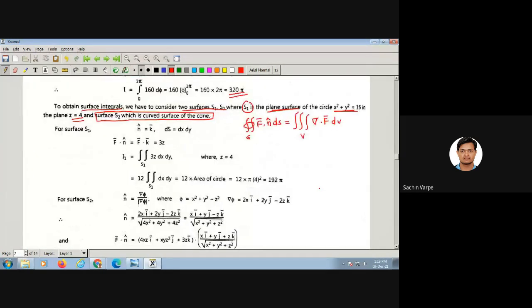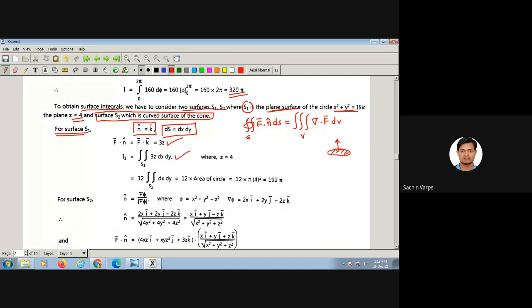So for this particular S1, what is n cap? As S1 is the top surface, n cap will be the unit outward normal, in the direction of the z axis, so n cap is k cap. And as that plane is parallel to the xy plane, the area element is dx dy. So what will f bar dot n cap be? 3z.